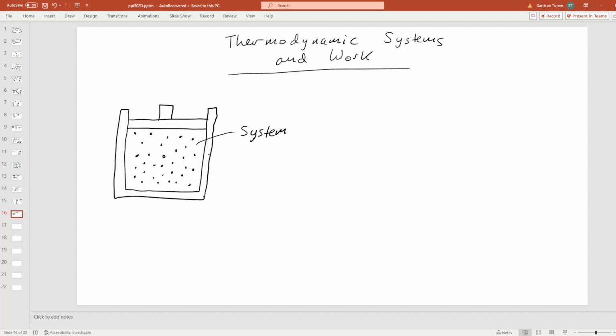The container represents the boundary, and the surroundings around the container are the environment. You can call them either surroundings or environment, it doesn't matter.